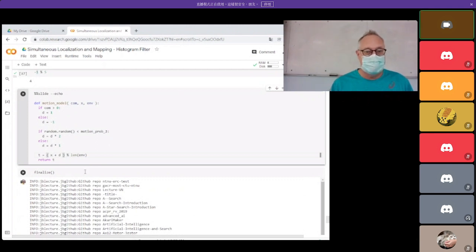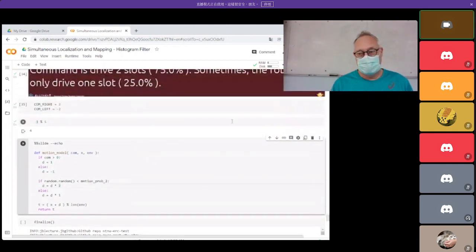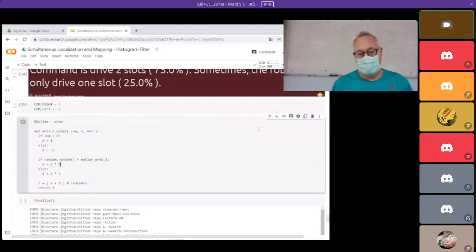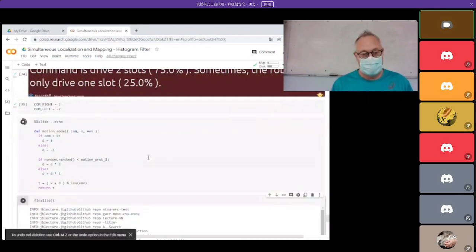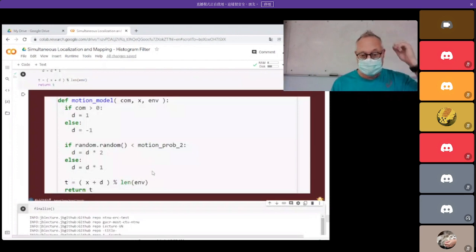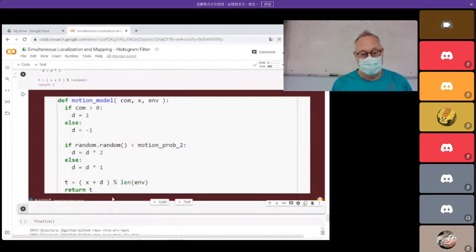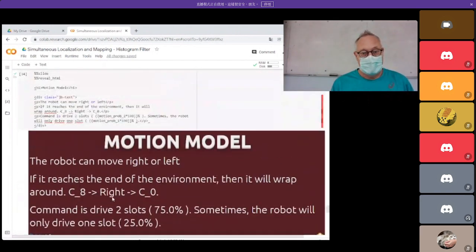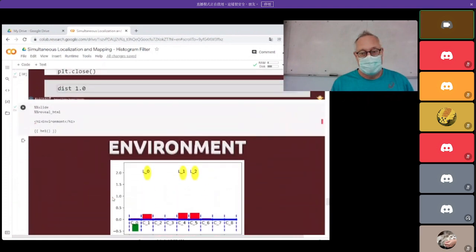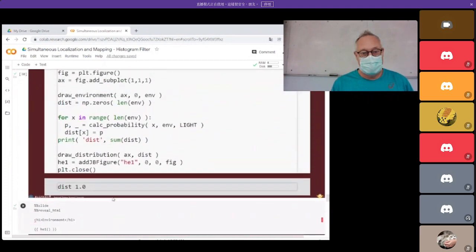But this should work just fine. So here's our motion model then. So let's have a look at our environment.